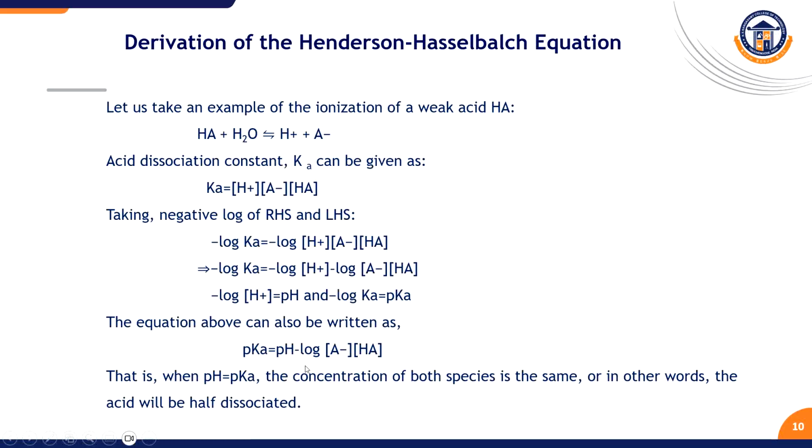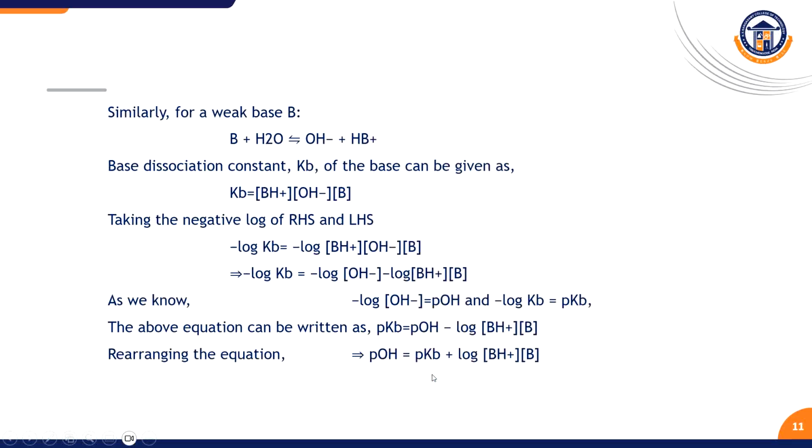When we substitute, we get this. The A minus is nothing but the concentration of the conjugate base, that is the salt, and this is the acid which will undergo dissociation. Similarly, this is the Henderson equation derivation for the base, and pH is equal to pKb plus log of salt by acid.